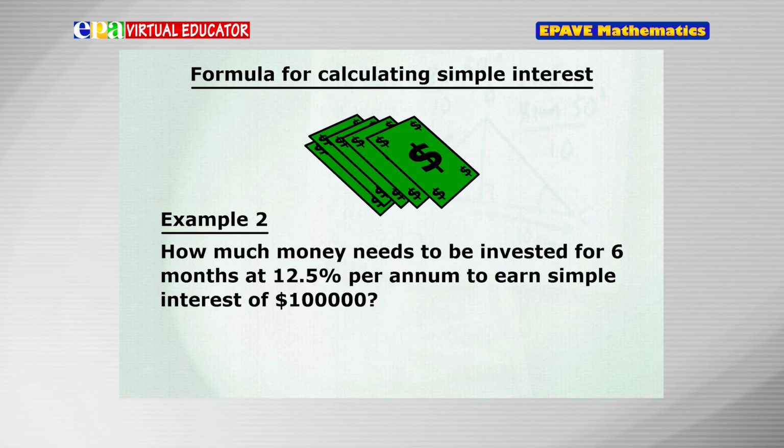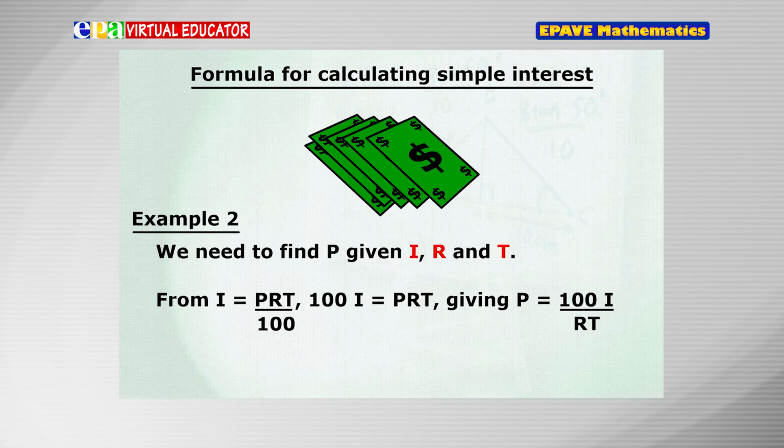Here is another example. How much money needs to be invested for 6 months at 12.5% per annum to earn simple interest of $100,000? We need to find P given I, R, and T. From I equals PRT divided by 100, 100I is equal to PRT, giving P equals 100I divided by RT.